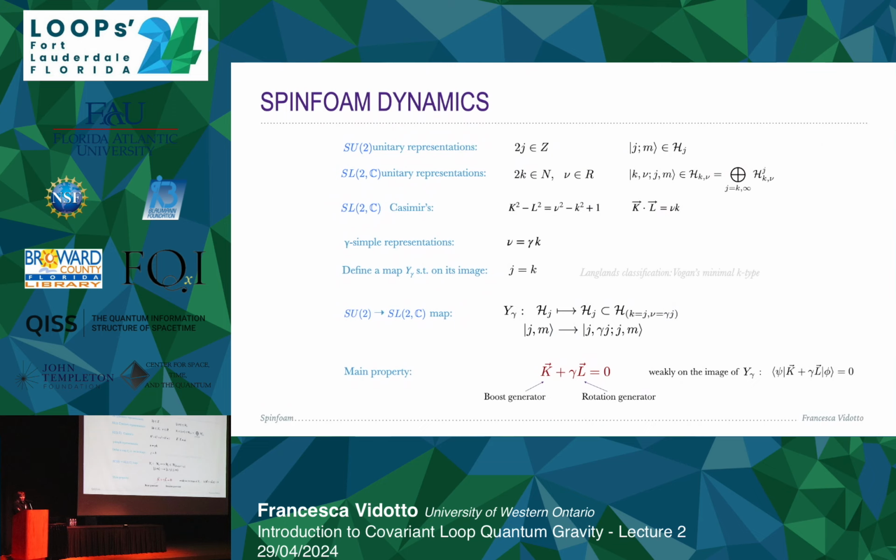And you can make your Hilbert space finite dimensional by hand. And this is beautiful, because you discover that this is equivalent to imposing the presence of a cosmological constant. So you can think that the cosmological constant in our universe is the fact that there is a maximal horizon.